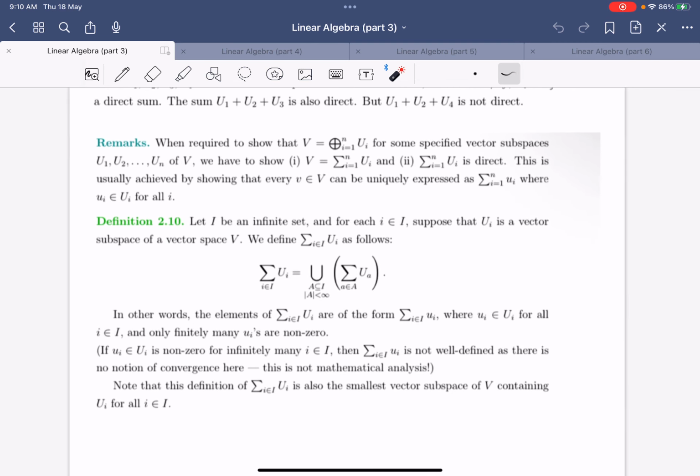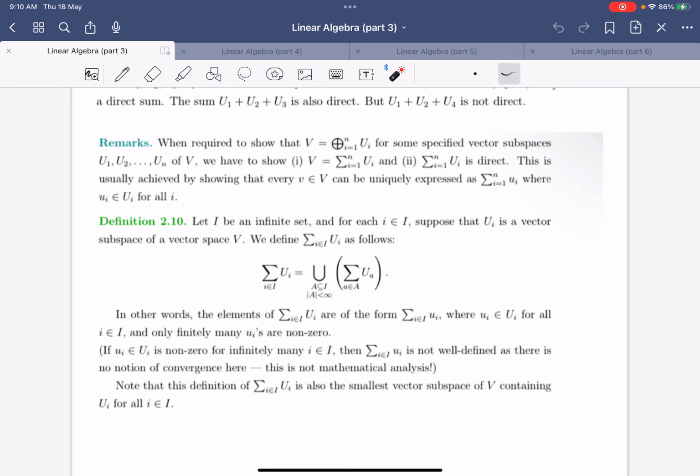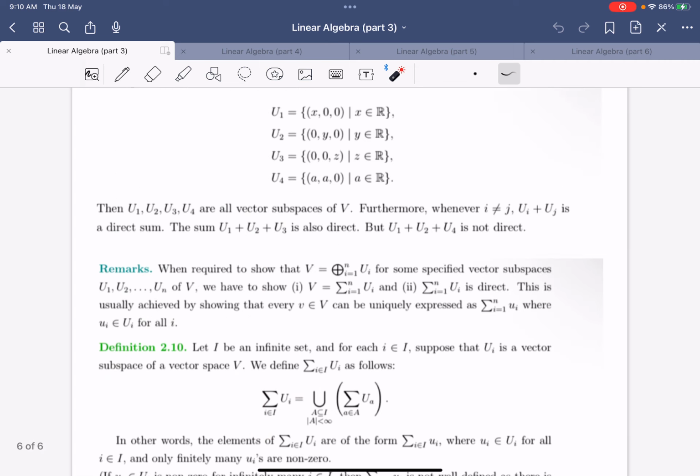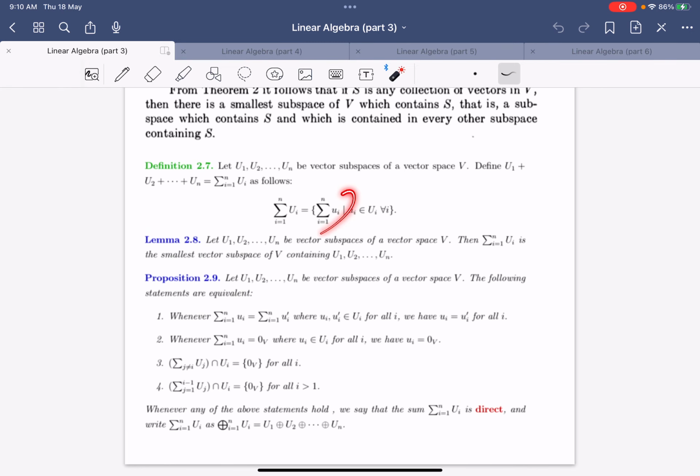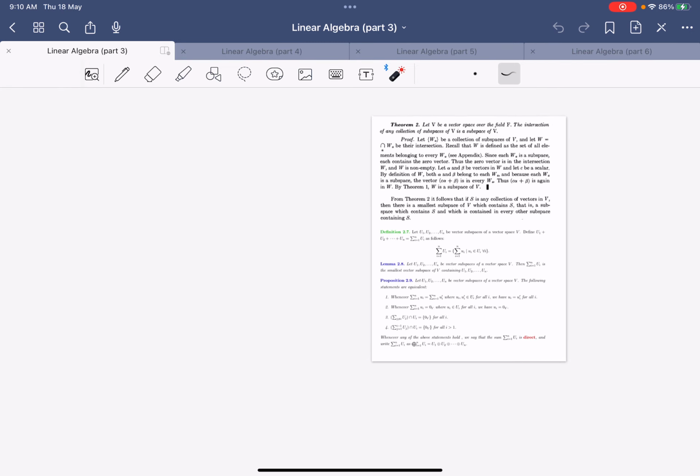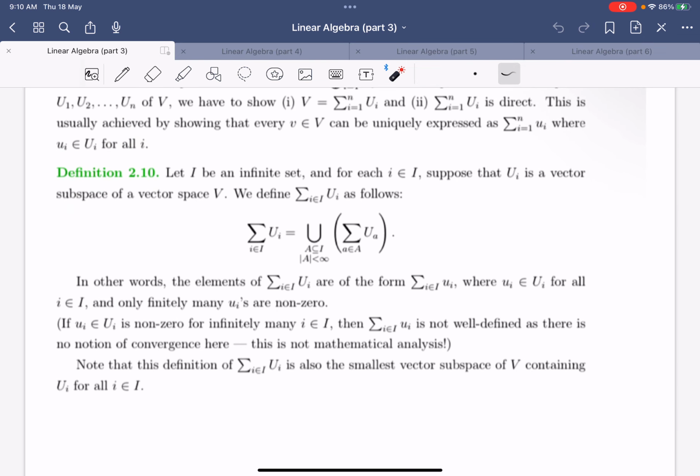And lastly, we shall end off this video where we extend our sum of vector spaces to an arbitrary set, which is infinite.